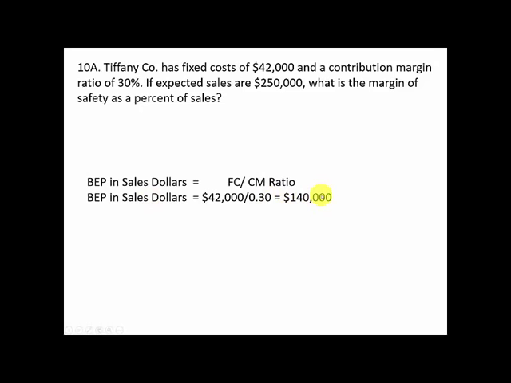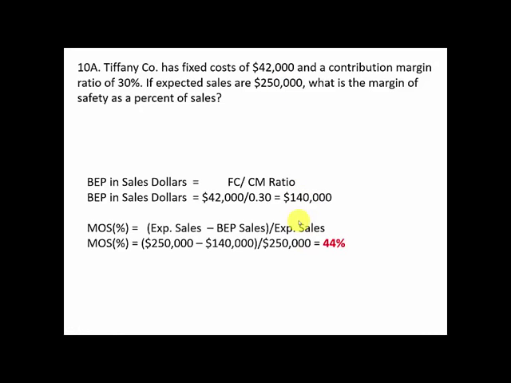If that's $140,000 break-even sales and our expected sales are $250,000, the difference between the two is going to be our margin of safety. First of all, let's express this margin of safety in terms of dollars.